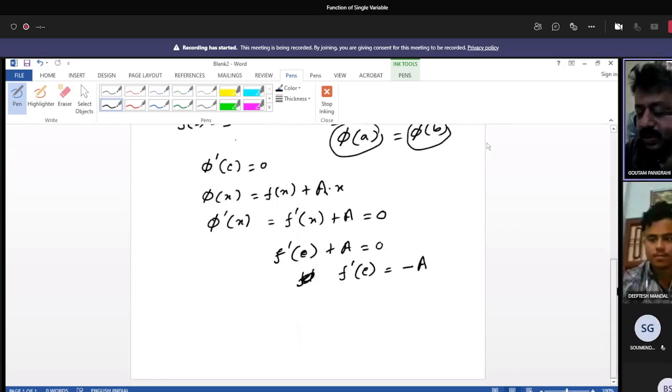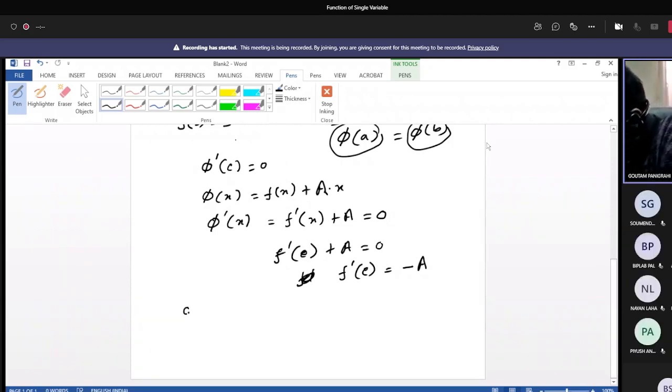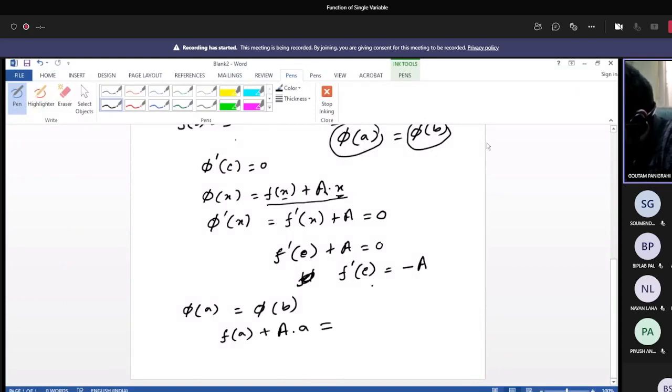Next, you have assumed that phi a equals phi b. Then you can easily write that f of a plus capital A into a equals phi b.